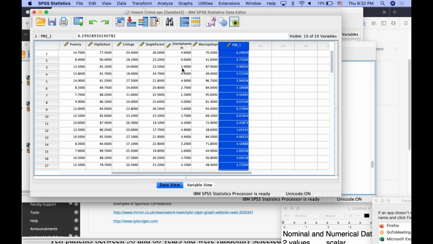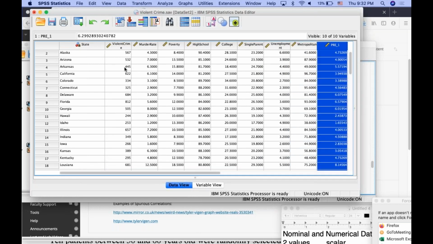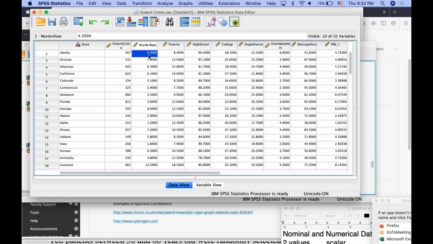So for Alaska, based on the single parent household rate of 23.2, it predicted using the formula that the murder rate would be 4.7. And what is it in real life for Alaska? It's 4.3. What about for Arizona? For Arizona, it predicted 4.9. Oh, it was pretty far off in Arizona, right?